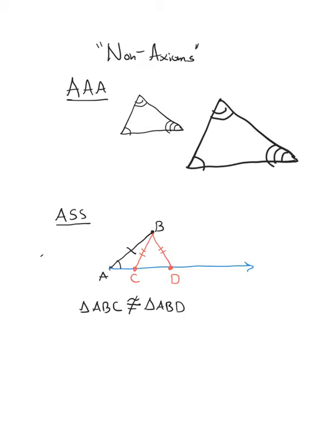Obviously, the triangle on the right is much bigger than the triangle on the left, even though the angles between the sides are the same.